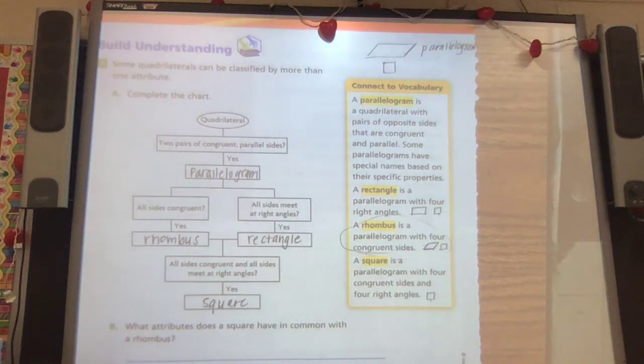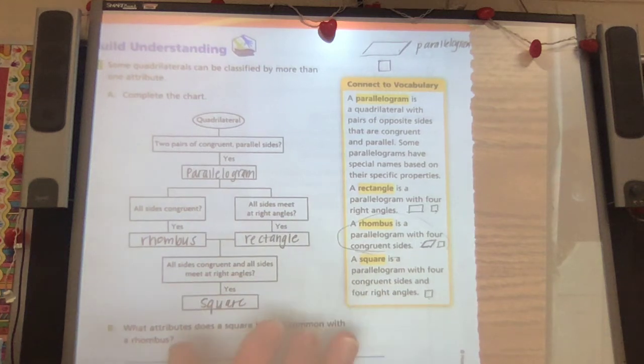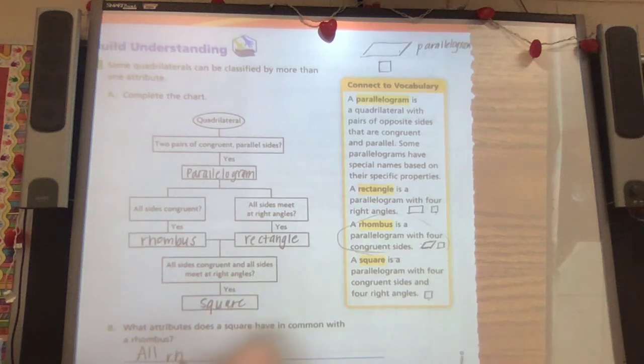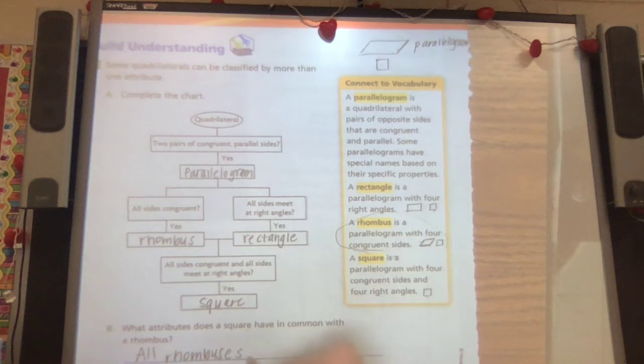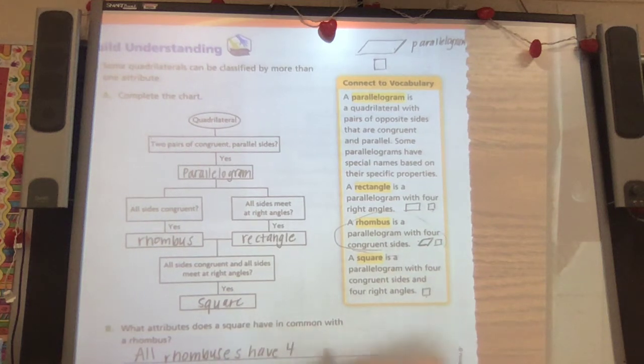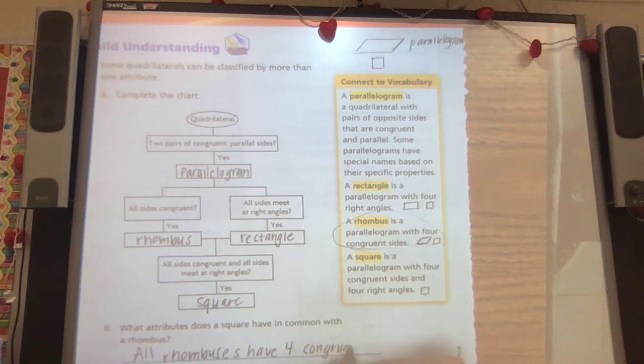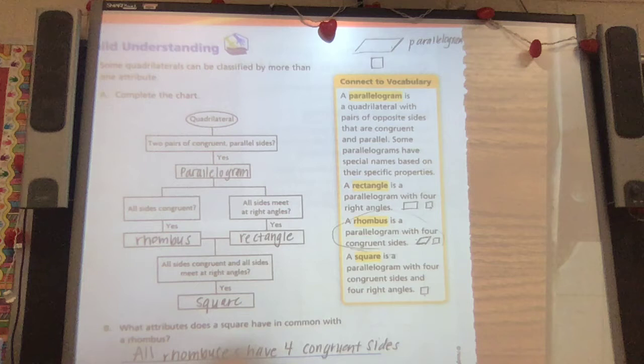So kind of like we already talked about, what attributes does a square have in common with a rhombus? So, all rhombuses have four congruent or equal sides, and squares are rhombuses.